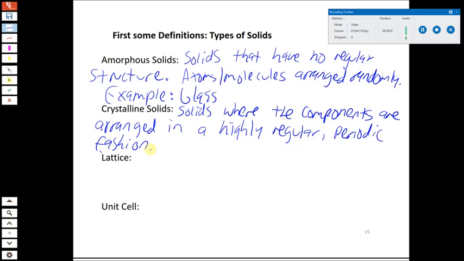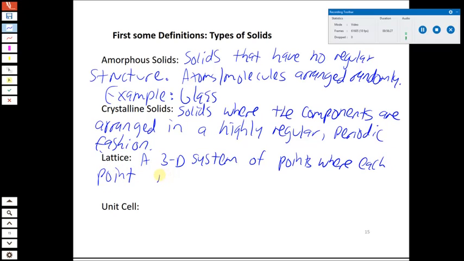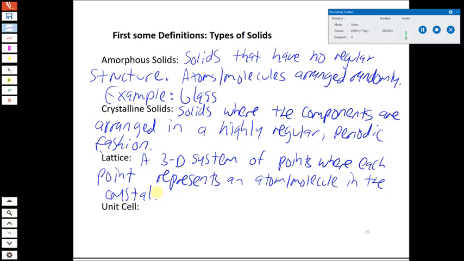So how we sort of classify these is what's called a lattice. So the lattice is the 3D system of points, and typically in chemical compounds, each point represents an atom or molecule in the crystal.